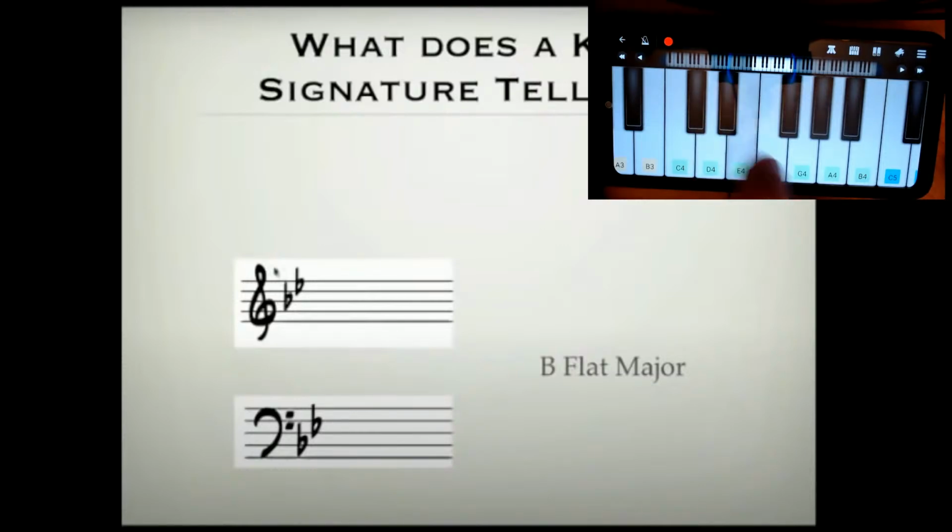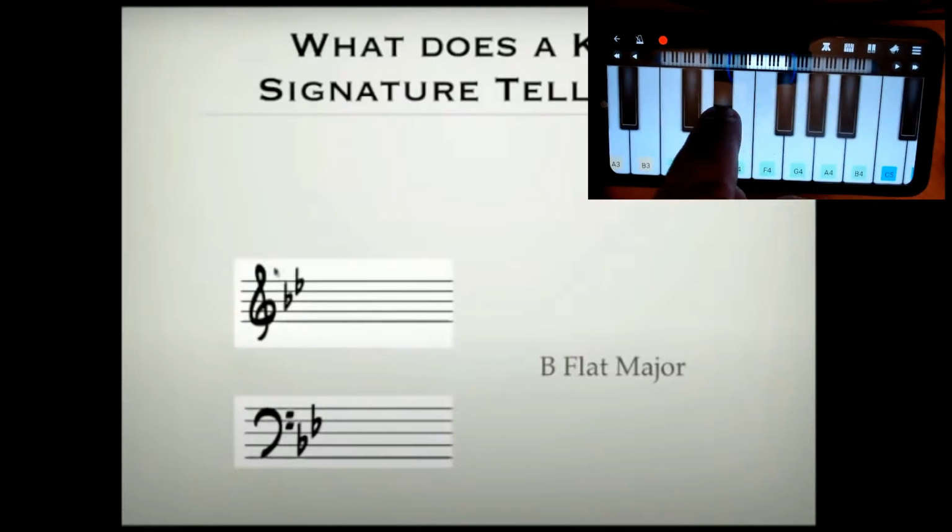Back to a whole step to F, to G, and a whole step, and a half step up at the end to B flat. I can't read them, but you know what I'm talking about. So, B flat, whole step, whole step, half step, whole step, whole step, whole step, half step.